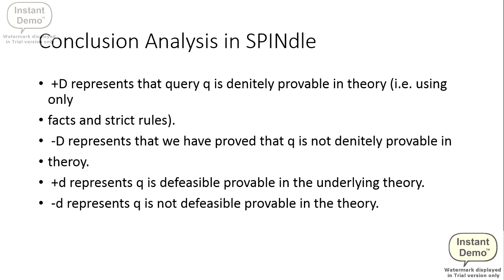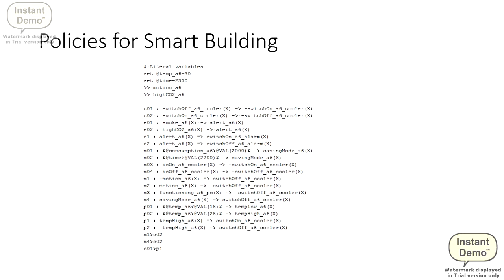And plus D represents that Q is defeasibly provable. So when there is a superiority relation and we input it there and we find a query with plus D, that means we can prove it defeasibly. So it is proved, and minus D means that it's not possible. So it's not definitely provable and it's not defeasibly provable as well, sorry.